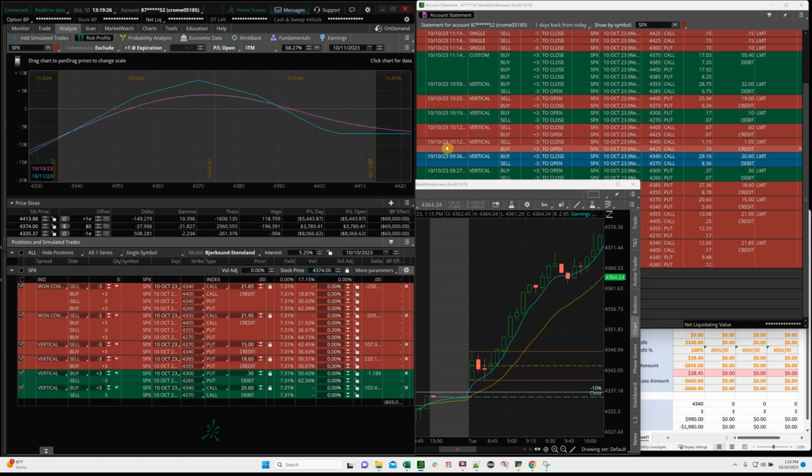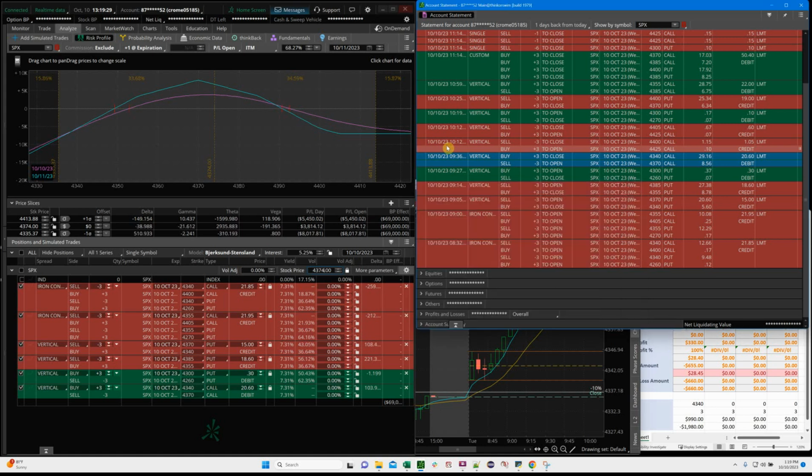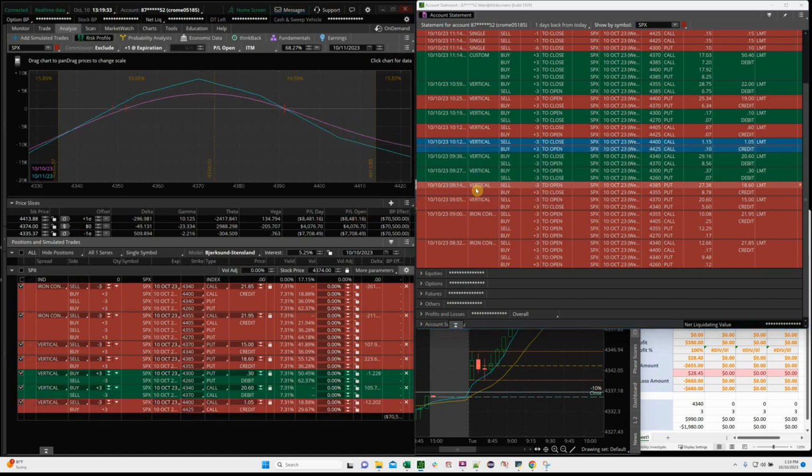And so I rolled those to a higher strike further away from the money and picked up some more credit. So we'll analyze that, and we can look at the difference on here now. It really didn't impact our theta at all. It's hard to tell because it varies so much that this is really kind of irrelevant. But you can see now this is the one that we rolled.